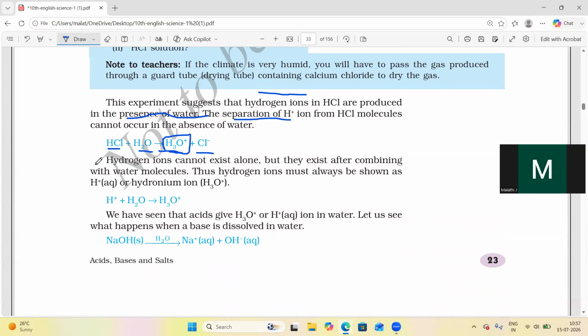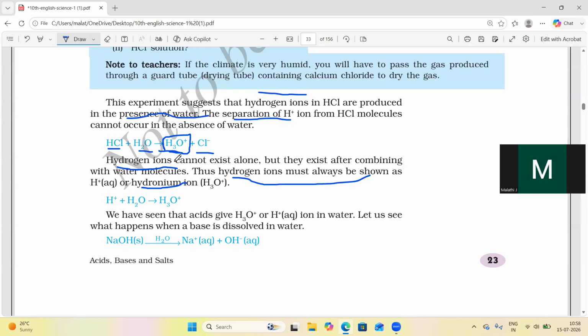But hydrogen ions will not exist alone. They combine with water molecules, and the hydronium ion must always be shown as H3O plus. This H plus, if we write it, is also correct, and H3O plus is also correct.